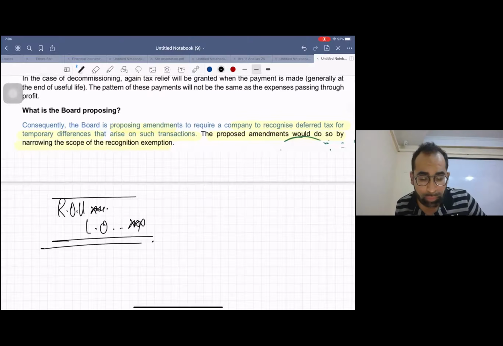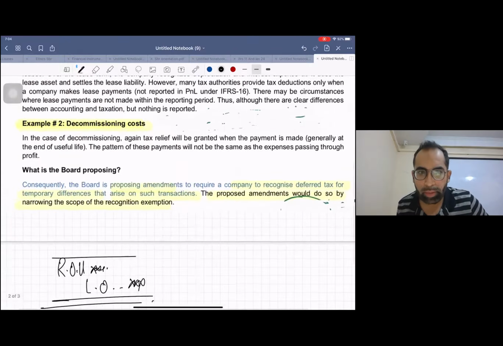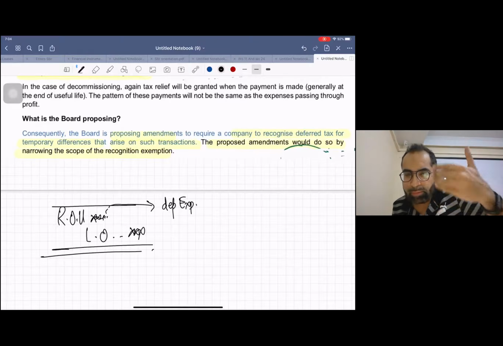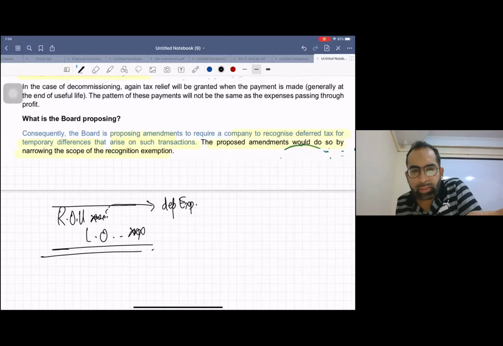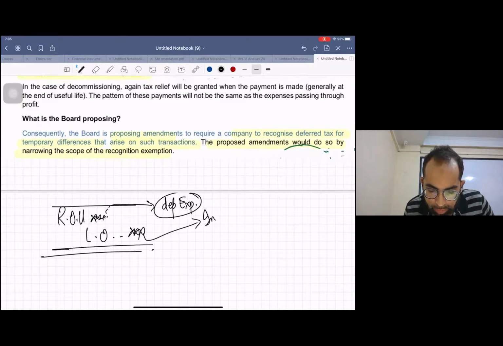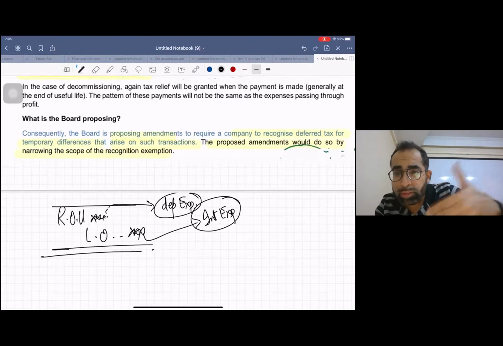Now, what do we do in accounting, open your eyes. We book depreciation expense right from day one. We book depreciation expense on the ROU, and on the lease obligation we book interest expense. So yes, it affects your P&L, from the next day.